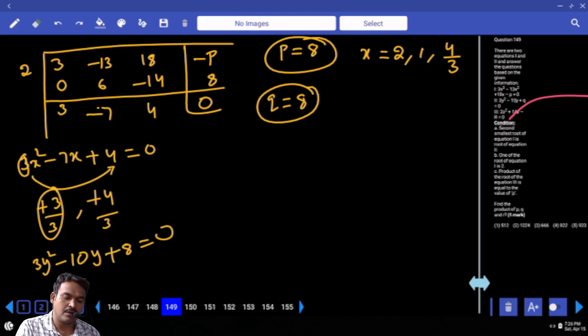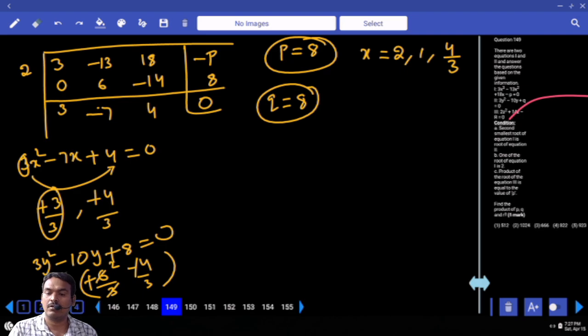What are the roots we write? Minus 6, minus 4 divided by 3. Minus 6 by 3 means it will be 2. Both are initially negative roots, but finally positive roots. Then y roots we write, one is 2, another one 4 by 3, are they not?